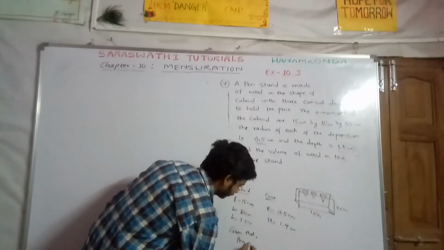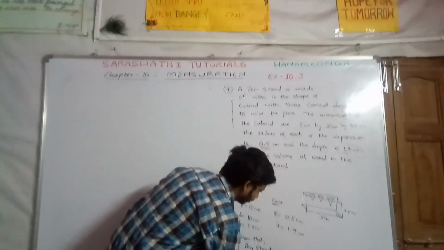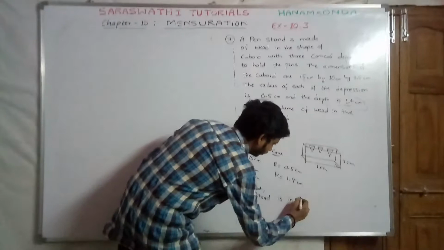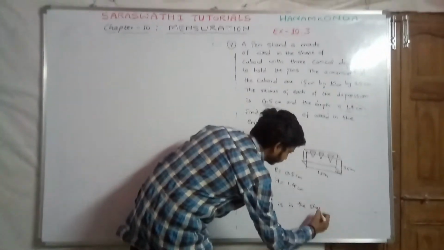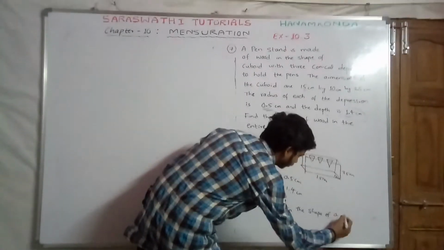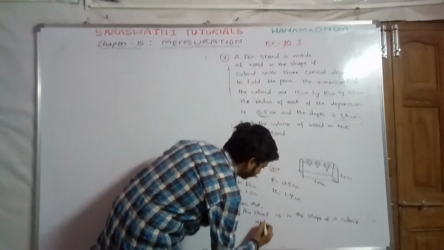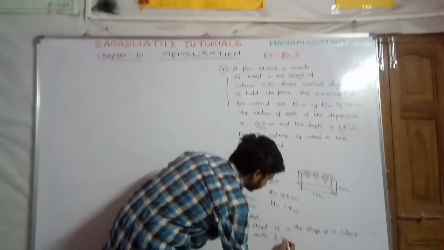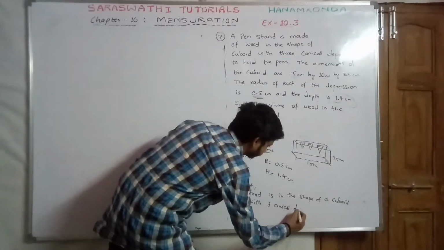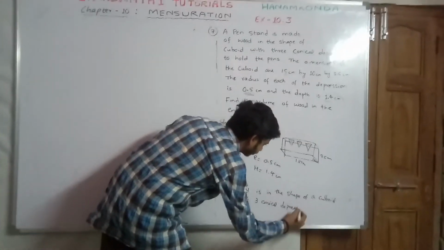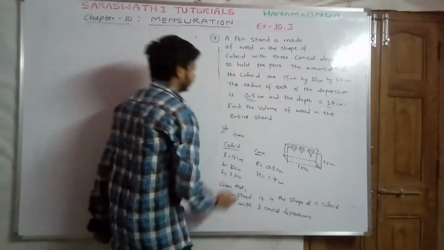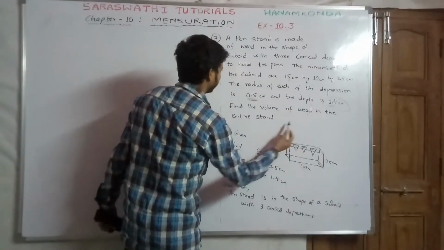Given that the pen stand is in the shape of a cuboid with 3 conical depressions, we have to find the volume of the wood in the entire stand.